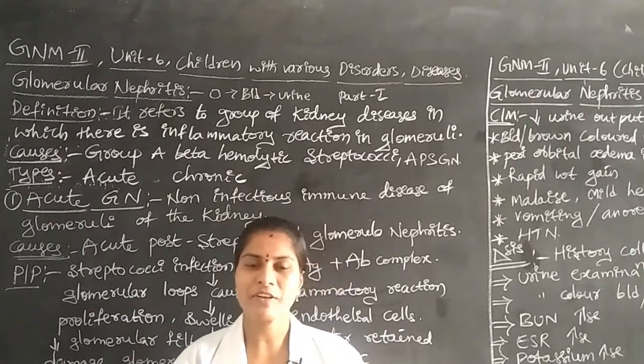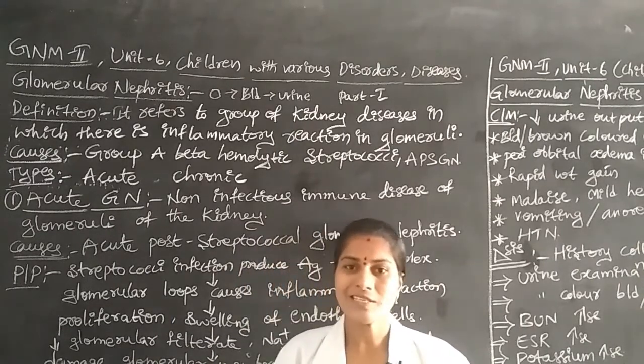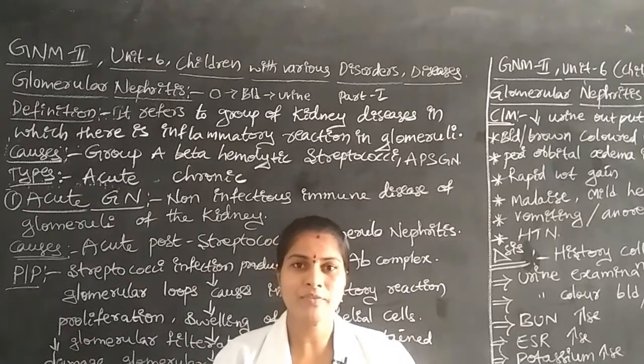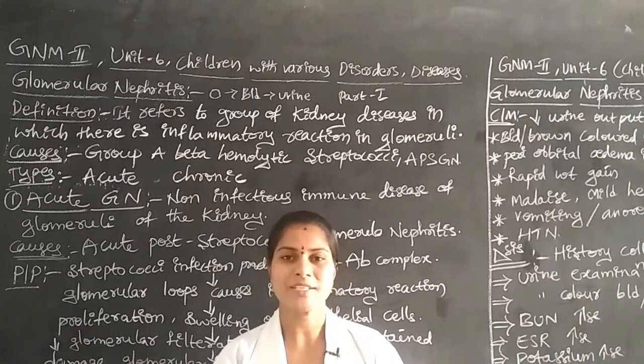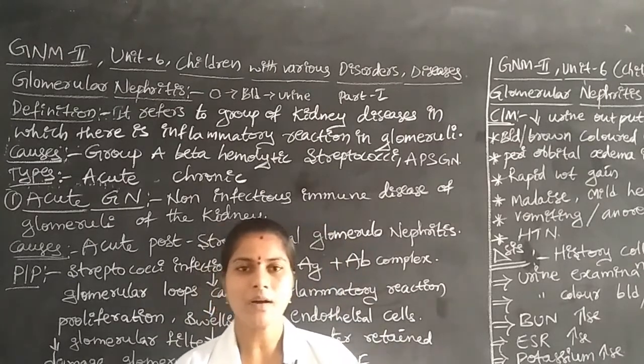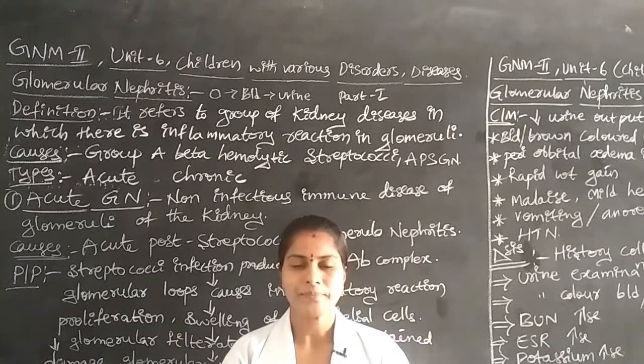This is the main function of the glomerulus. How much urine will be excreted by a person, or how much urine is formed, is identified by measuring the glomerular filtration rate. This is the introduction regarding the glomerulus.